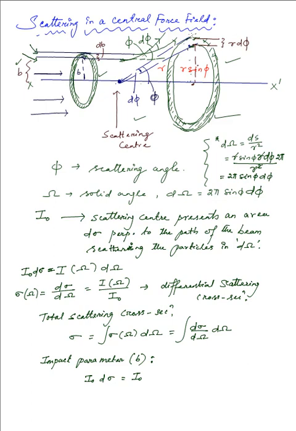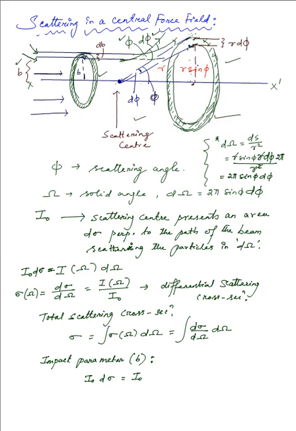So as you can see, d phi is the angle that is existing between those two after they are being scattered, that is represented over here, and phi is the angle of deviation with respect to the scattering center that we have indicated over here.